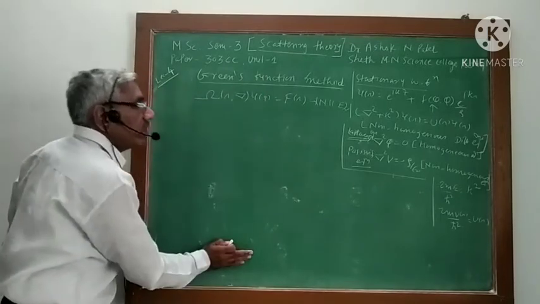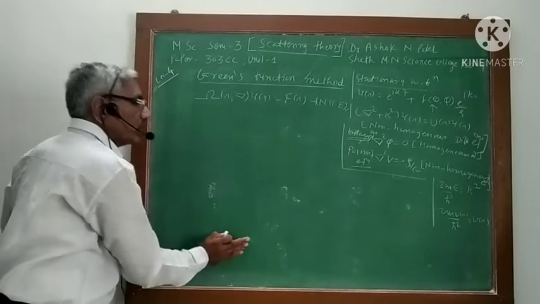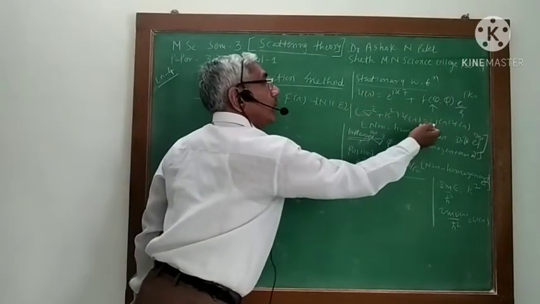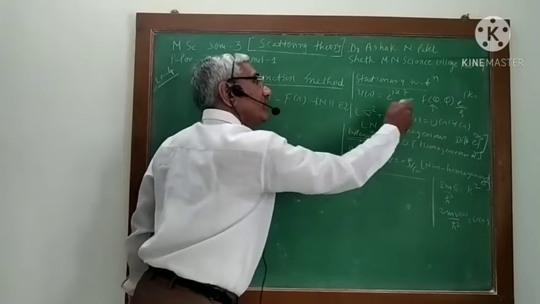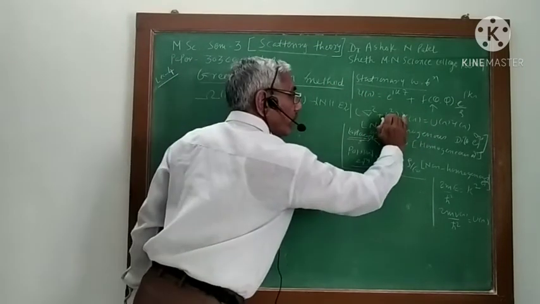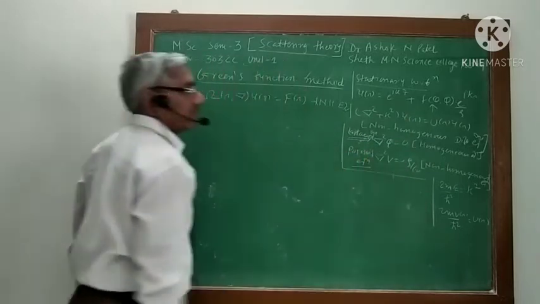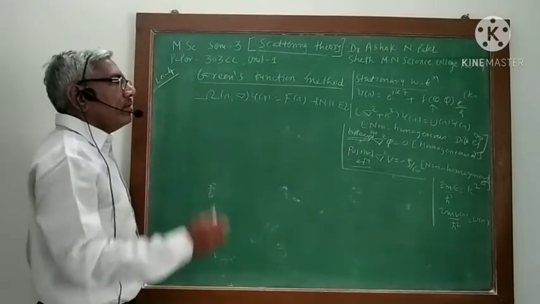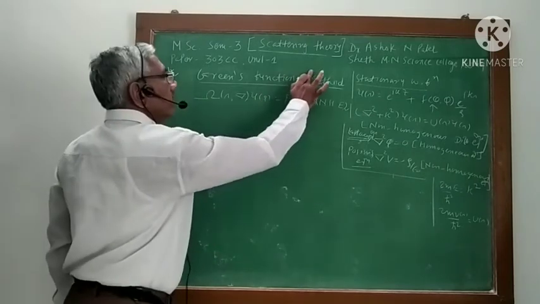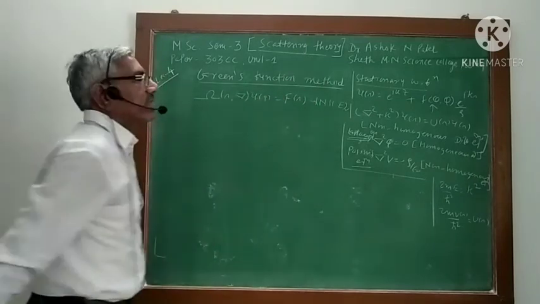Afterward, we will use the same procedure for the time independent Schrodinger equation, which is non-homogeneous, and we will apply this method there and get the solution. So first of all, our task is to understand the Green function method.